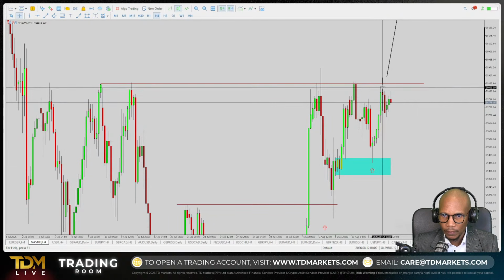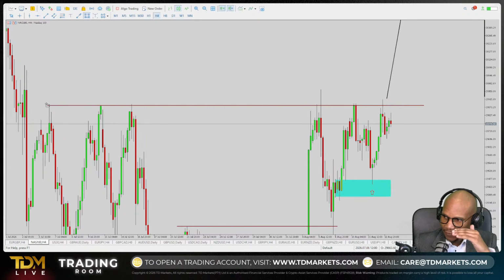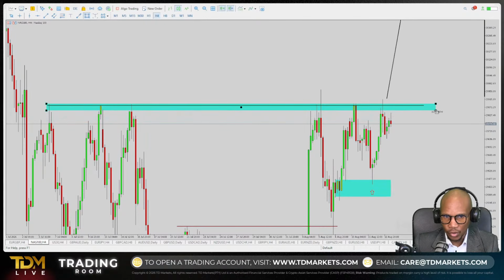We spiked this low. We have pushed up. We have not broken above this, right? So for my setup, I first want price to break above this zone. This is a zone, guys, right?